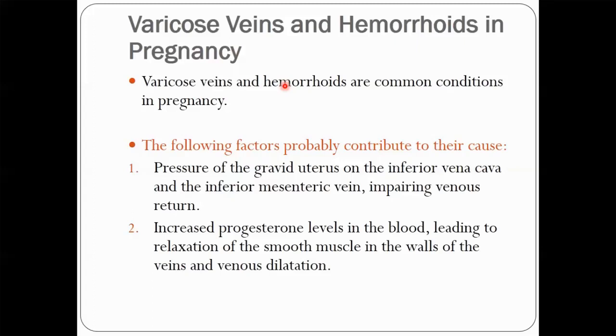The second thing is that progesterone, which is released during pregnancy, is a smooth muscle relaxant, so it causes relaxation of the walls of the veins and dilation of these veins and more stagnation of blood within these veins.